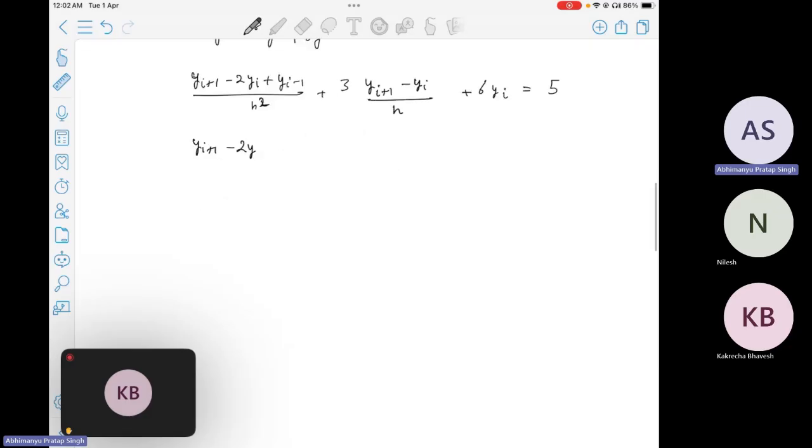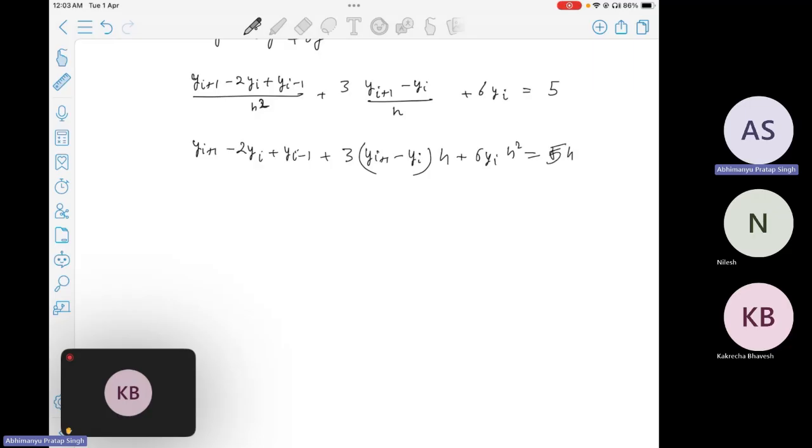In the meantime, I will just do this. So yi plus 1 and yi minus 1, square.